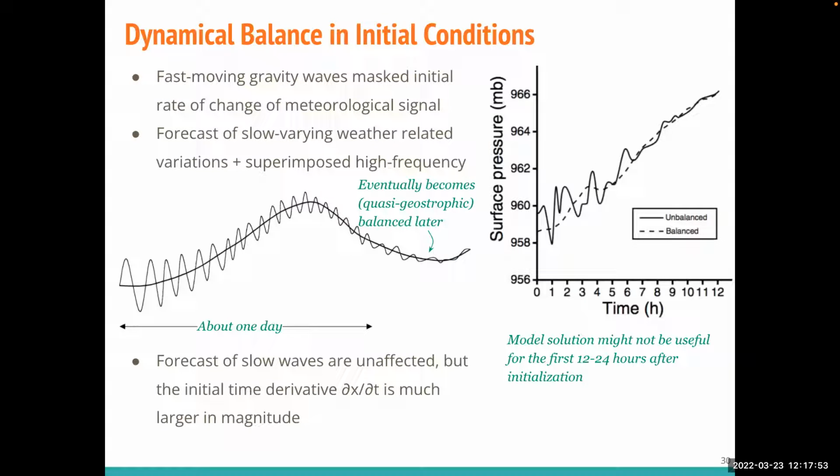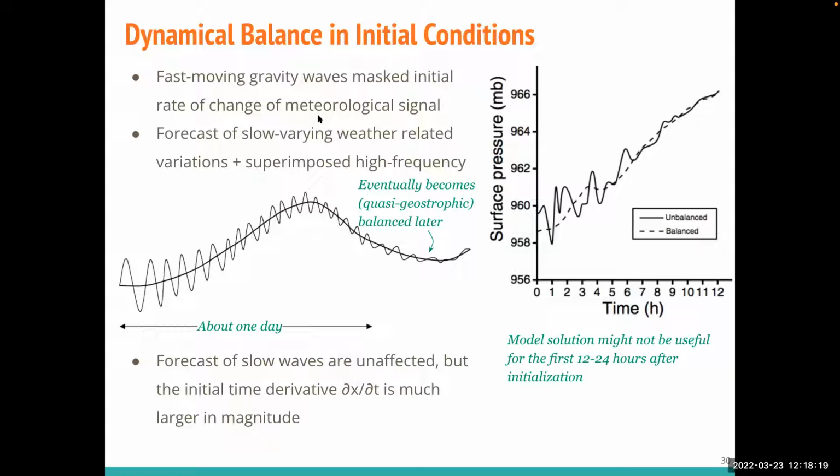Okay, so dynamical balancing of the initial condition. This is how we see the data, the model simulation. At the beginning, a lot of things are not balanced, coming from the unbalanced situation in your data. They are fast moving gravity waves.